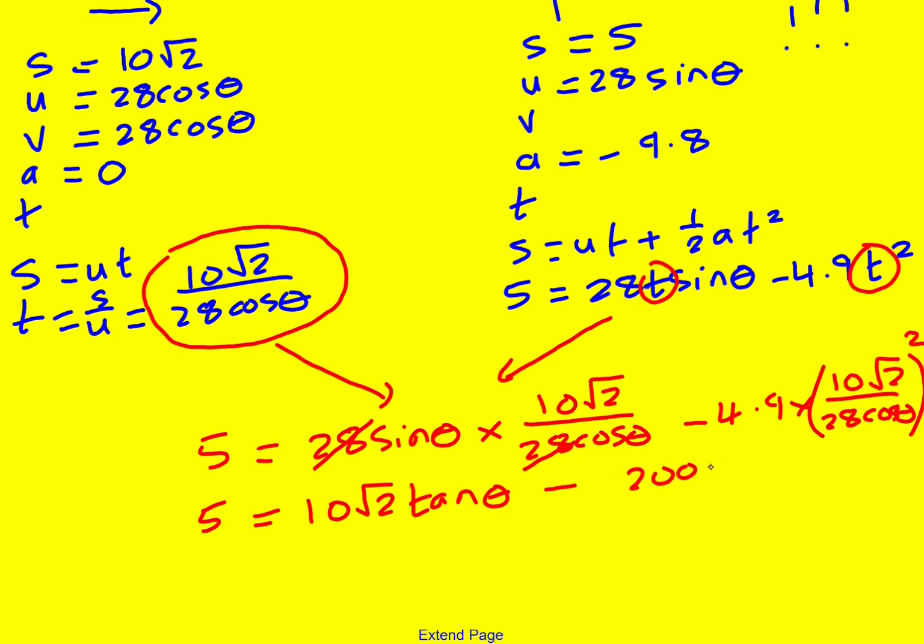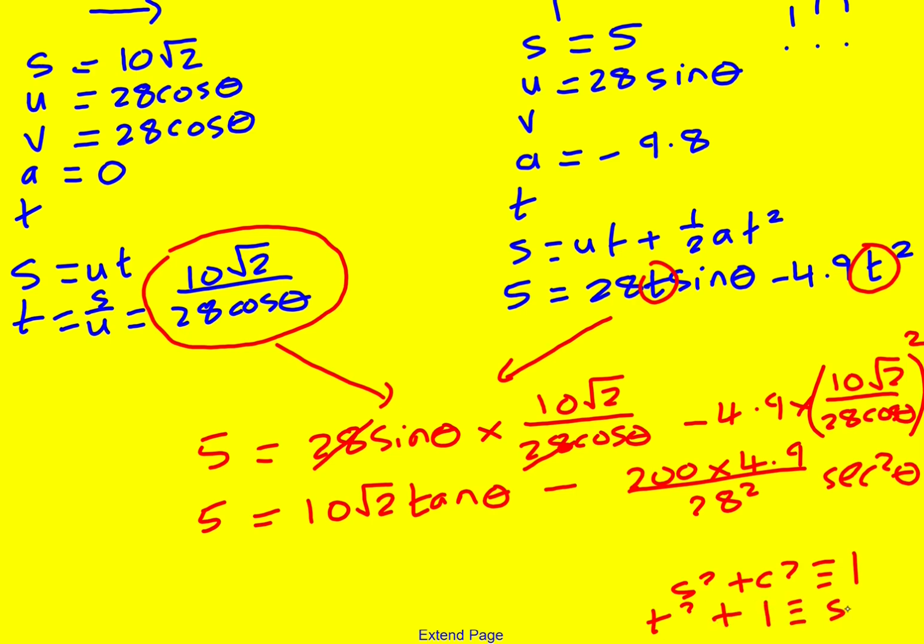So 200 times 4.9 divided by 28 squared, and then we write sec squared theta. Now remember, sine squared plus cos squared is identical to 1. Divide through by cos squared gives tan squared plus 1 is equal to sec squared.